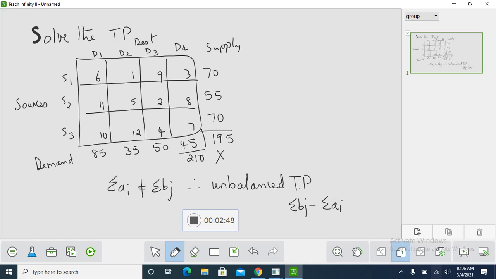Sigma Ai minus sigma Bj is 210 minus 195, giving me the number 15. So we convert this into a balanced transportation problem, with the costs as given and supply equal to demand, by adding a dummy row. So now when we add a dummy row, what do we get?